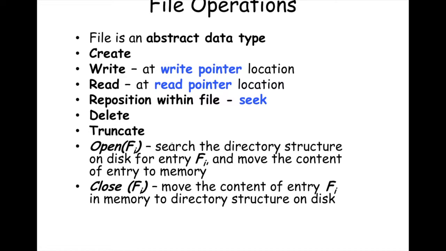And so what types of operations would you do on a file? Well, it's certainly an abstract data type. It's a logical construct with a logical offset-based addressing approach for this one-dimensional array of blocks in which you write data. A file is an abstract data type, so you can create a file. You need to be able to write to a file. And when you write to a file, you need to identify where in the file you're going to write. So typically you need a write pointer location that represents what offset in the file you're currently going to write at.